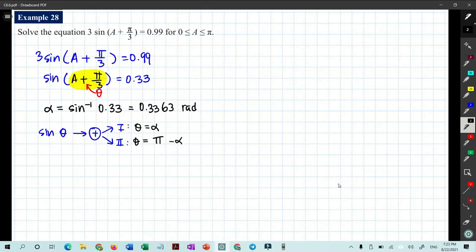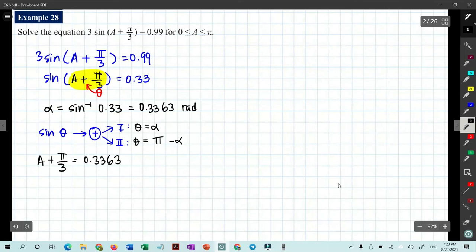The first one, theta is equal to alpha. So theta is a plus pi over 3 and it's equal to 0.3363. So now a is equal to 0.3363 minus pi over 3.